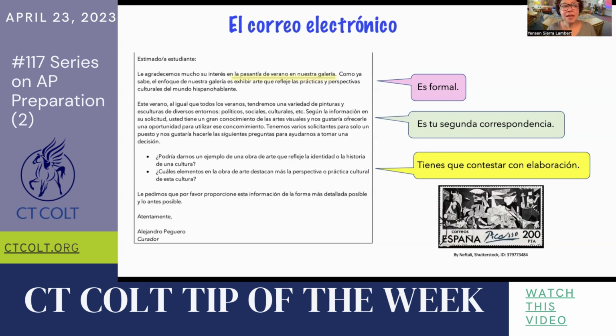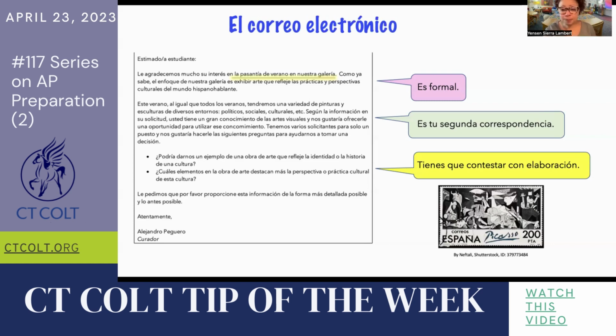So for example, say you saw an ad on the paper, they're looking to fill a position in a local art gallery. The student reached out, either sent an email, filled out a survey, sent a text message, whatever it was. So this is the gallery responding to that initial correspondence, right? So that's important for the students to know.